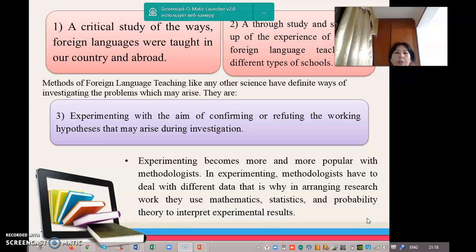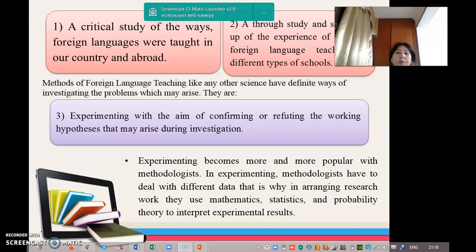Methods of foreign language teaching, like any other science, have definite ways of investigating the problems which may arise. They are: first, a critical study of the ways foreign languages were taught in our country and abroad. Second, a thorough study and summing up of the experience of the best foreign language teachers in different types of schools, and experimentation with the aim of confirming or refuting the working hypotheses which may arise during investigation.